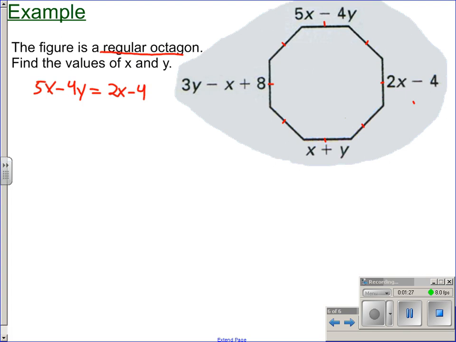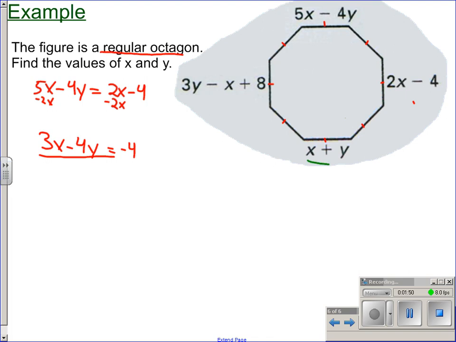Now I'm going to manipulate this a little bit to simplify it. I want an equation where I have x's and y's on one side of the equal sign, and on the other side is just a number. So I'm going to subtract 2x from both sides: 3x minus 4y equals negative 4. Okay, I'm going to keep that.